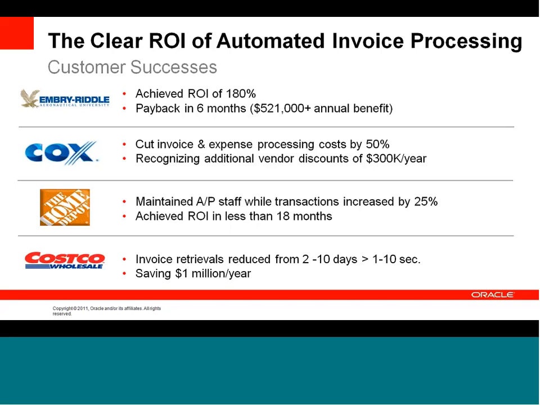So once they implemented this system, they were able to maintain that same level of AP staff while still increasing the number of invoices that amount of staff was able to process. So they were able to open new stores and not require new accounts payable staff to cover that extra workload.